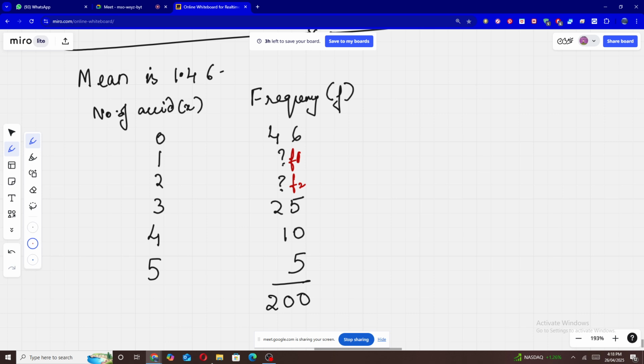I have to add this. F2 into 2. F1 and F2. Xi, F2 into 2. 60 plus 7, I think you will get it. So you have another column here.